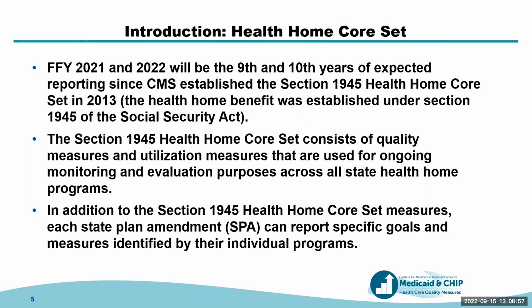The Section 1945 health home core set consists of quality measures and utilization measures that are used for ongoing monitoring and evaluation purposes across all state health home programs. In addition to the Section 1945 health home core set measures, each state plan amendment or SPA can report specific goals and measures identified by their individual programs. Next slide, please.